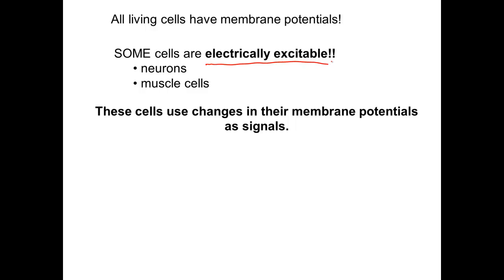The two classic examples of electrically excitable cells are neurons and muscle cells. We're going to focus mostly on neurons in these lectures. When we say a cell is electrically excitable, what we mean is that these cells not only have resting membrane potentials, but they use changes in their membrane potentials as signals.